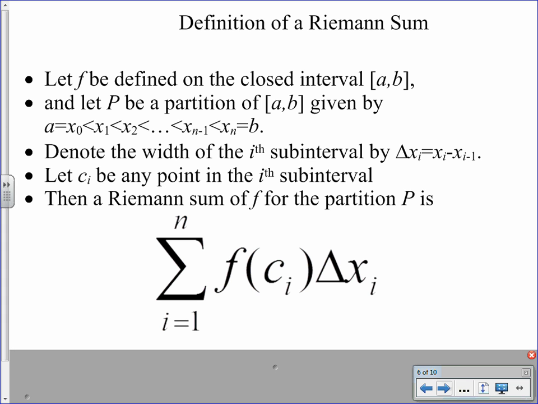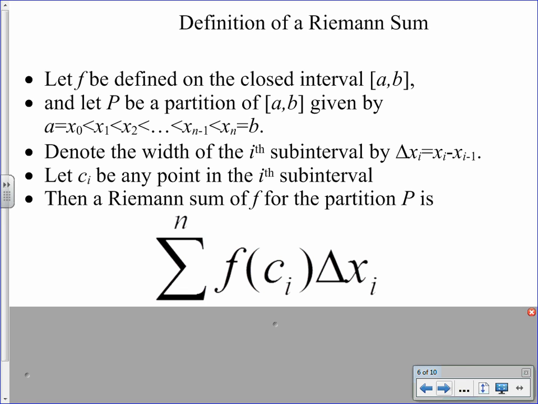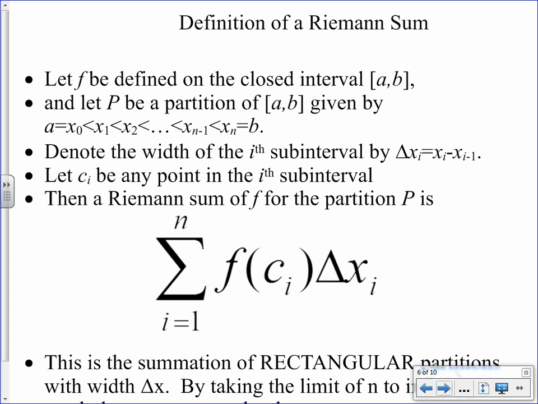So we're going to take points in that interval and plug it in to get our height of the rectangles times the width. And then when we take the limit as n approaches infinity, so we're taking n rectangles and getting more and more and more until infinity, that becomes our exact area.